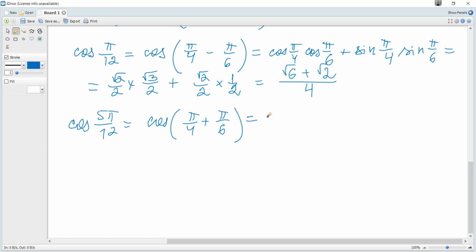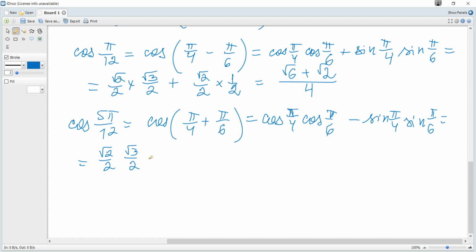So it's cosine pi over 4 cosine pi over 6 minus sine pi over 4 sine pi over 6. Cosine of pi over 4 is root 2 over 2, and pi over 6 is 30 degrees, so root 3 over 2, minus root 2 over 2 multiplied by a half.